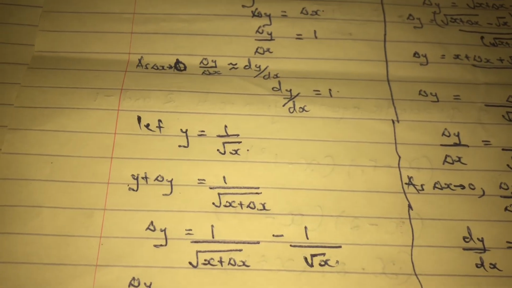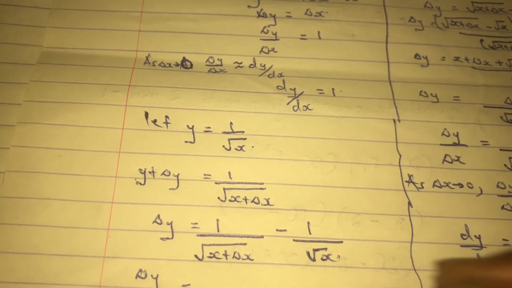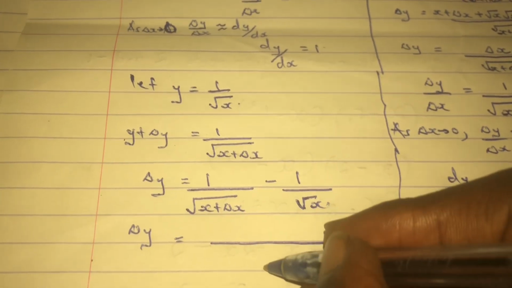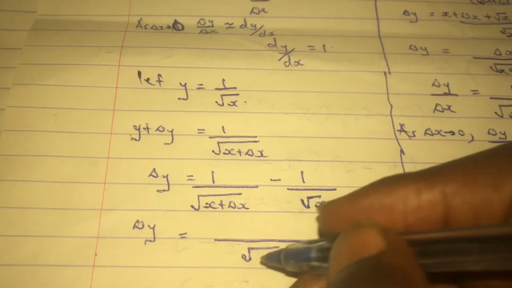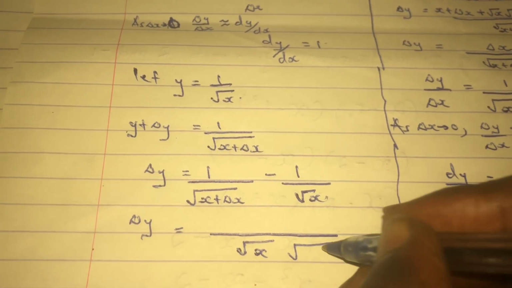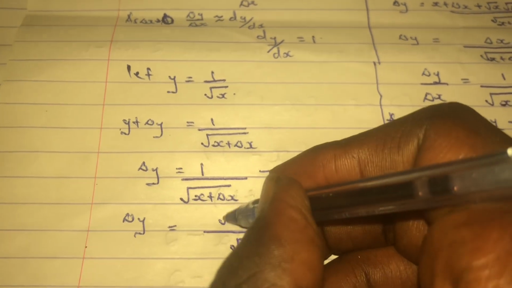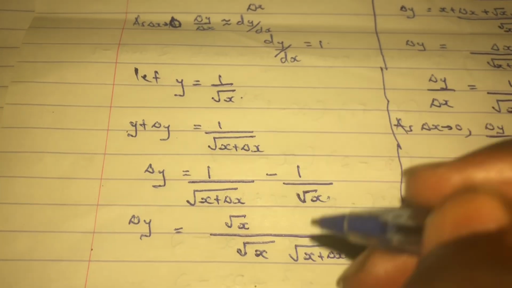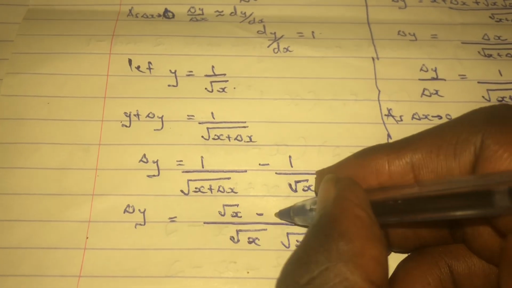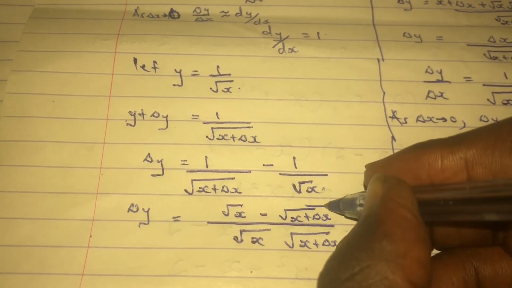So when we reach here, what do we actually do? Change in y will be equal to, this is root of x, and this is x plus change in x. So here we shall remain with root of x altogether, and here we shall remain with minus, because this is the LCM, minus here, because this divided by this will be x plus change in x.